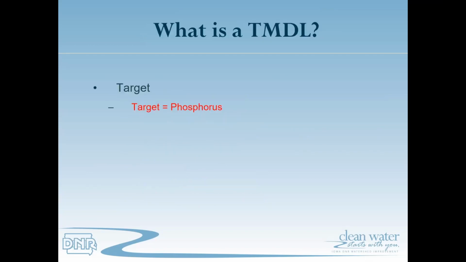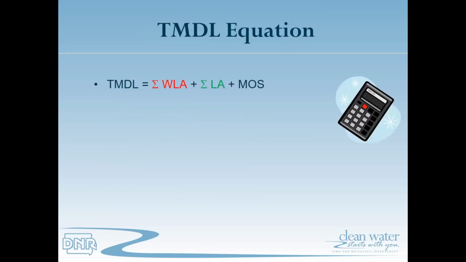So we've talked about the target being phosphorus. We've talked about the sources being non-point. Now we can talk about that equation or that tipping point for the TMDL where the water quality expectations would not be met. So to break it down into its simplest terms, the TMDL, the total maximum daily load, is the sum of three things. It's the sum of the waste load allocation, the sum of the load allocation, and a margin of safety.